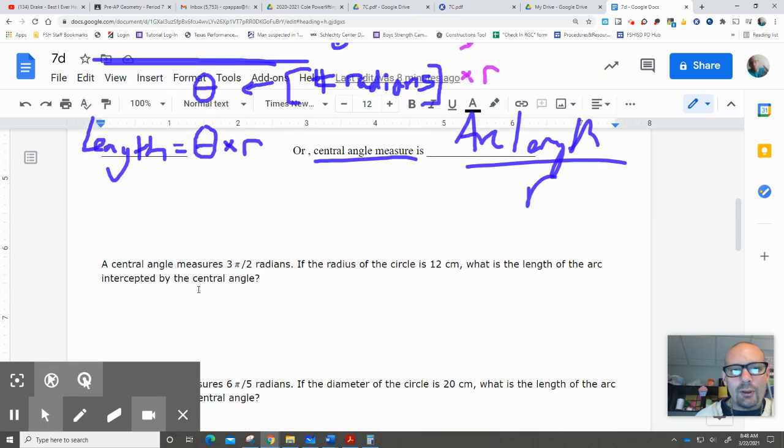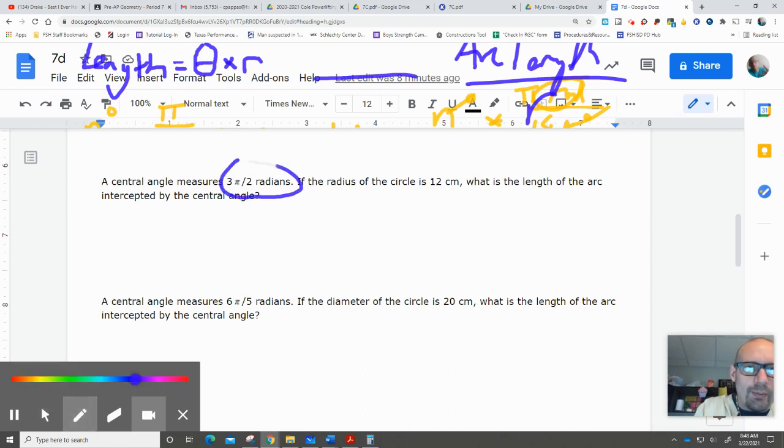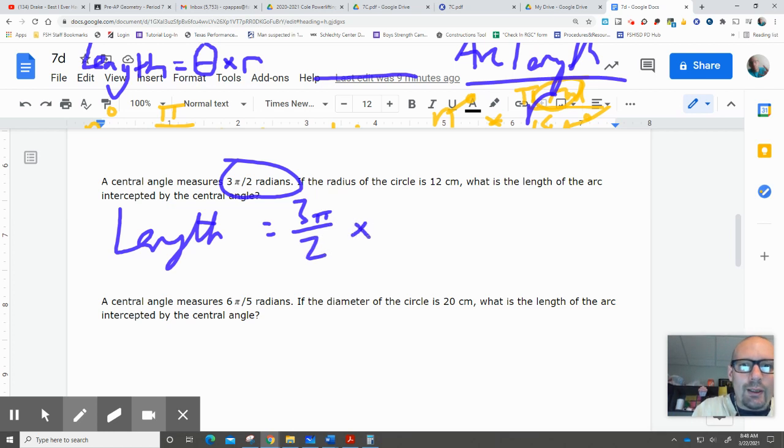So real simple, if they give us a central angle in terms of radians, which they give us here, 3 pi over 2 radians, all we have to do is multiply the radians times the radius to get the arc length. So the length of the arc is going to be 3 pi over 2 times our radius, which is 12.